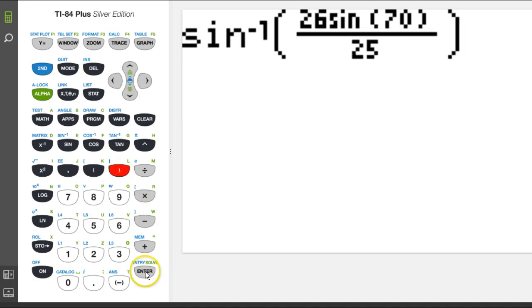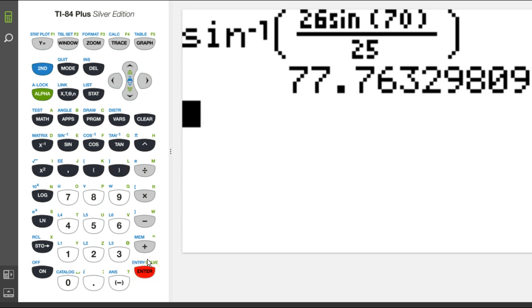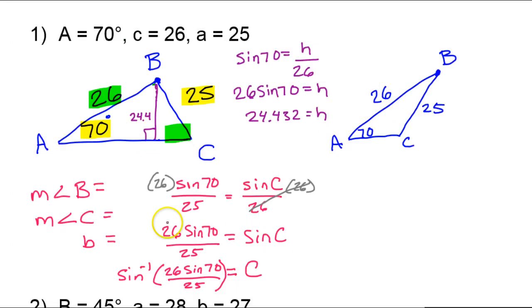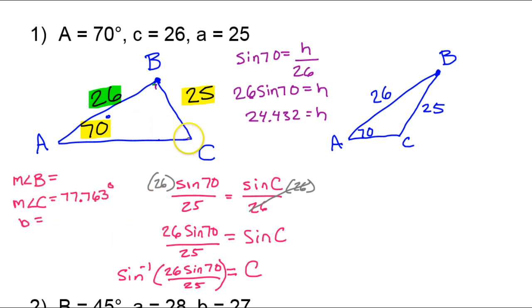Alright, inverse sine of all this, and boom, I'm getting 77.763 degrees. So I have just found the measure of angle C. So I could put that right here.